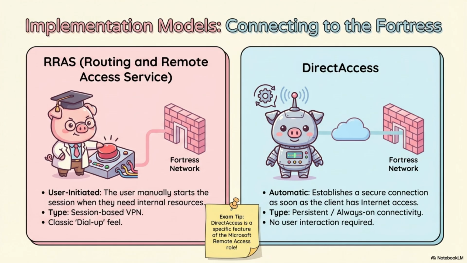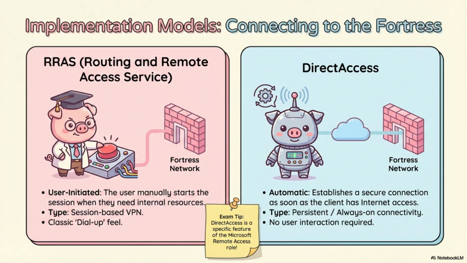Organizations can implement VPNs using standard servers by enabling VPN services. In a Windows Server environment, administrators commonly use the remote access role. For traditional on-demand VPN connections, routing and remote access service, or RRAS, allows users to manually initiate VPN sessions when access to internal resources is required.